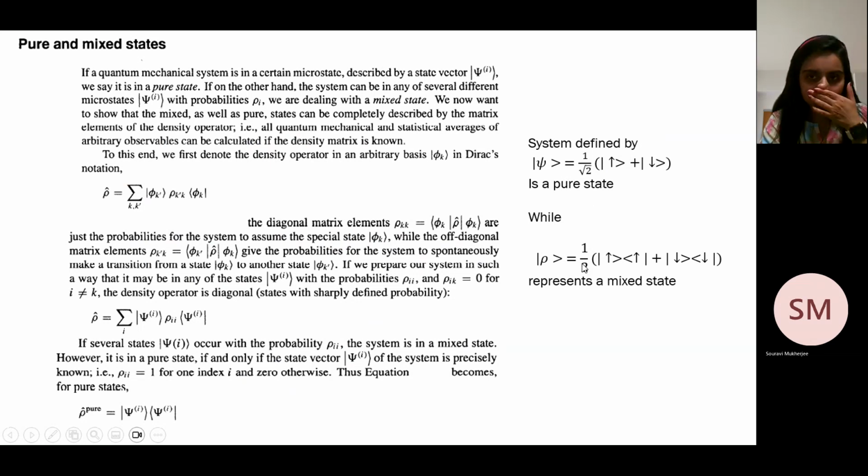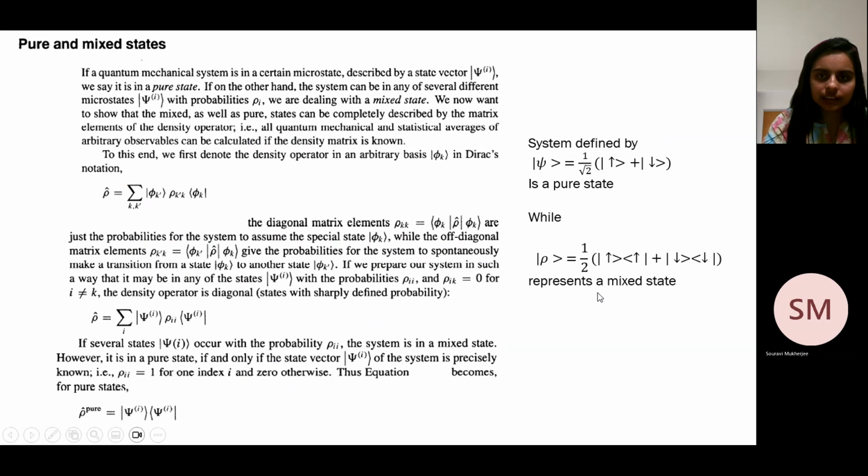But if your density matrix is described by an expression like this, it tells you that you have half probability of being in the up state and half probability of being in the down state. So your system has a probabilistic description of being in different microstates, half in the up state, half in the down state. This kind of description, where multiple microstates are possible, is a mixed state.